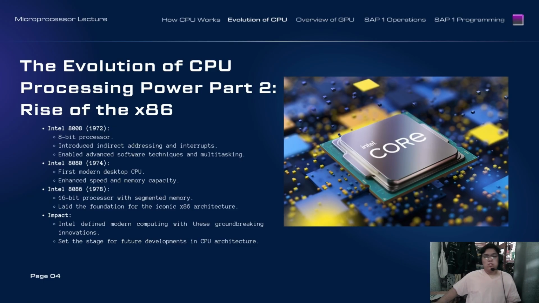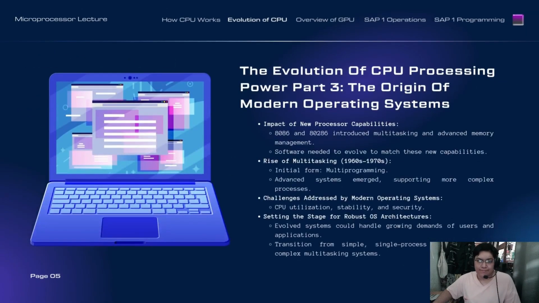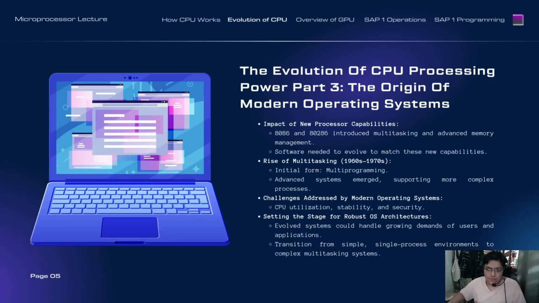Now, moving on to part 3, which is the origin of the modern operating system, or OS. During the 1960s and 1970s, the concept of multitasking began to take shape in the world of mainframes, starting with multiprogramming, a technique where the system switches between programs during idle times, like waiting for hardware input.